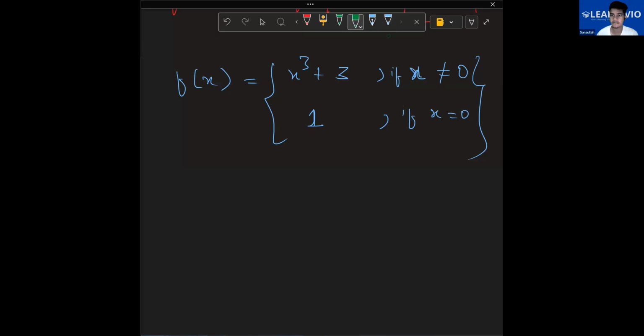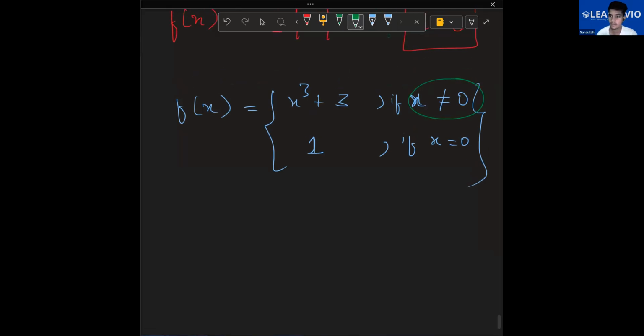So this mean either x is tending to 0 negative, that is LHL, or x is tending to 0 positive, that is RHL. तो इसके corresponding आपका फंक्शन x cube plus 3 ये होगा. And at x equals to 0 you have this f(x) is 1. समझ आया? Yes, sir.